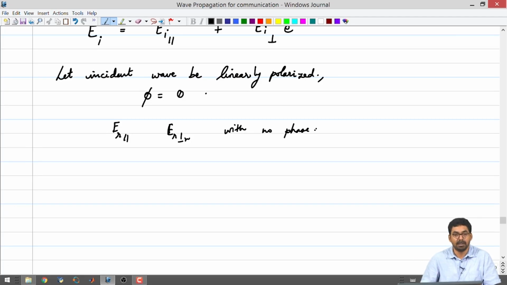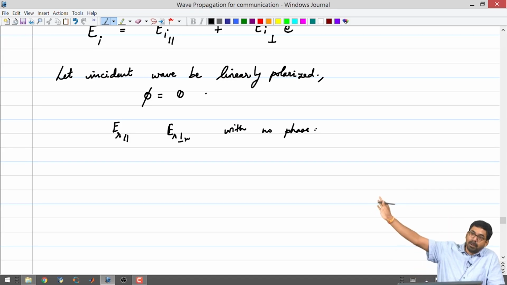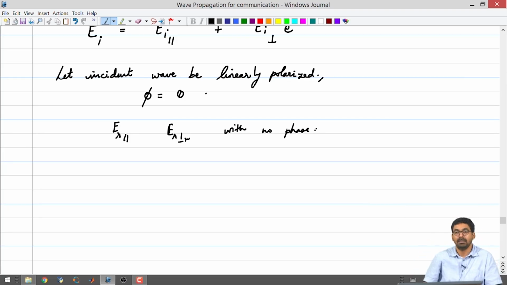So, a linearly polarized wave hitting the interface, the transmitted light will be linearly polarized, reflected wave will also be linearly polarized. However, the angle at which it is polarized could change simply because the reflection coefficients and the transmission coefficients for the both polarizations are not identical. So, it will stretch one component more than the other. Okay. So, linearly polarized wave will remain linearly polarized in this material system.